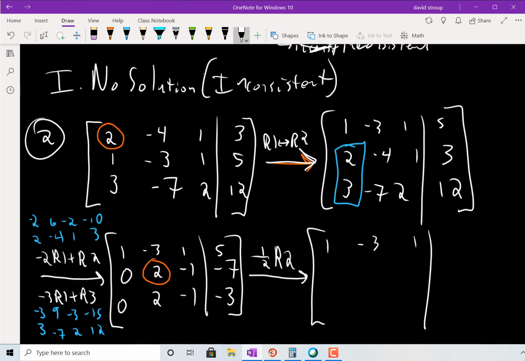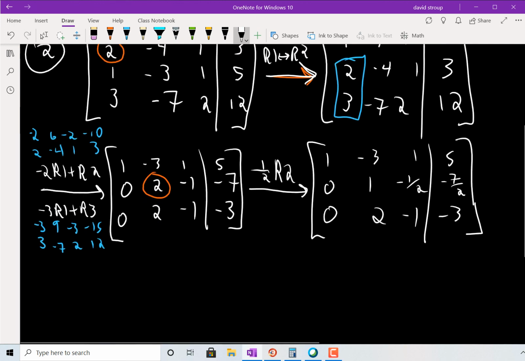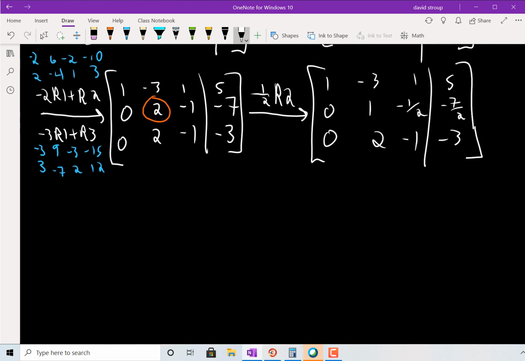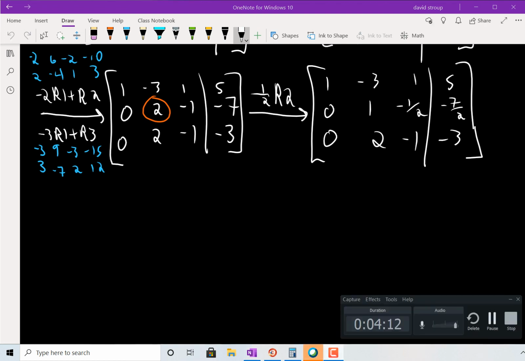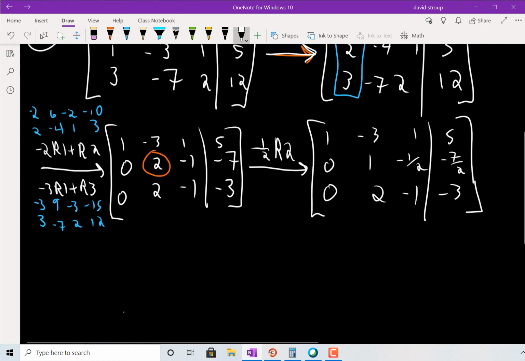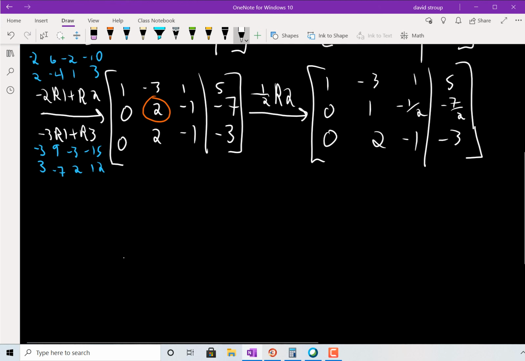So I have 1, -3, 1, 5, 0, 1, -1/2, -7/2, 0, 2, -1, -3. So it's business as usual, you're just going along, trying to do your Gaussian form. Okay, right, so business as usual.